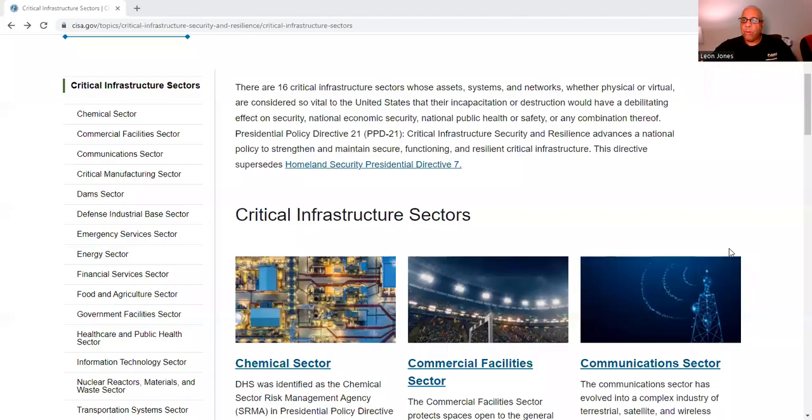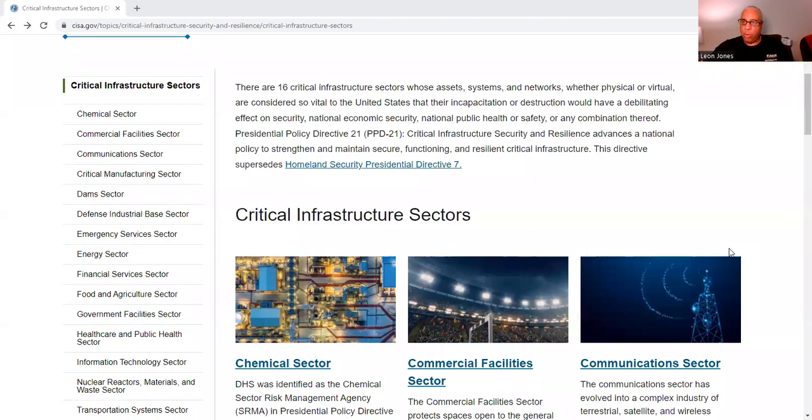Now, included in infrastructure, you have a few sectors like communication and transportation and chemical and even your hospitals. They're all important because we need those infrastructure segments to live. I'm going to show my screen and I'm going to get right into critical infrastructure systems.